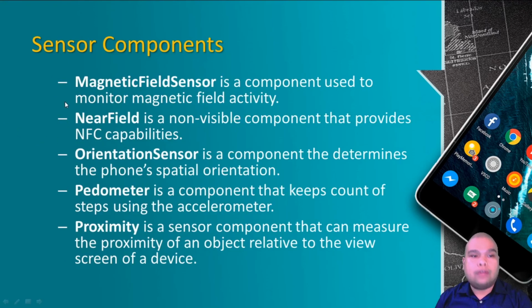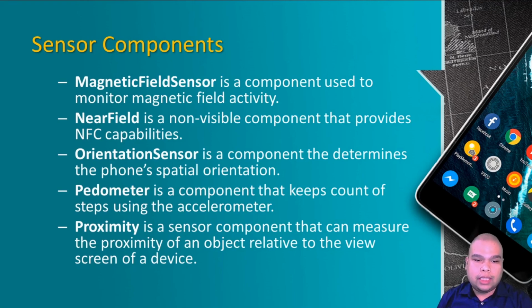We also have the magnetic field sensor. It is a component used to monitor magnetic field activity. Near field is a non-visible component that provides NFC capabilities. NFC stands for near field communications. Orientation sensor is a component that determines the phone's spatial orientation.